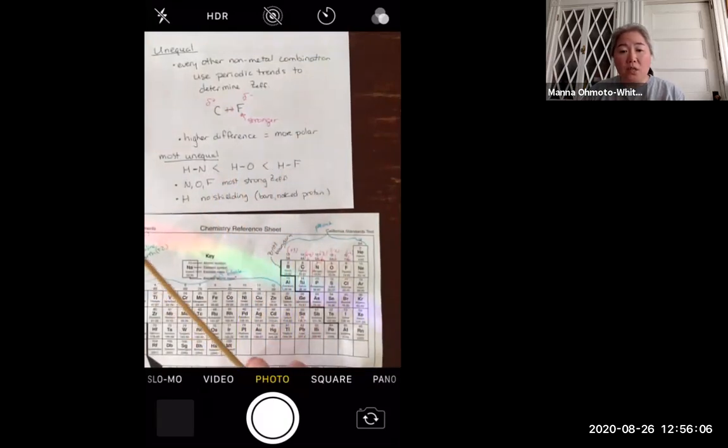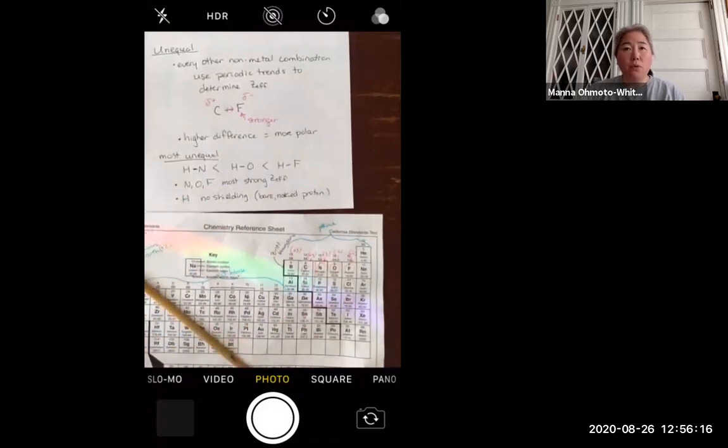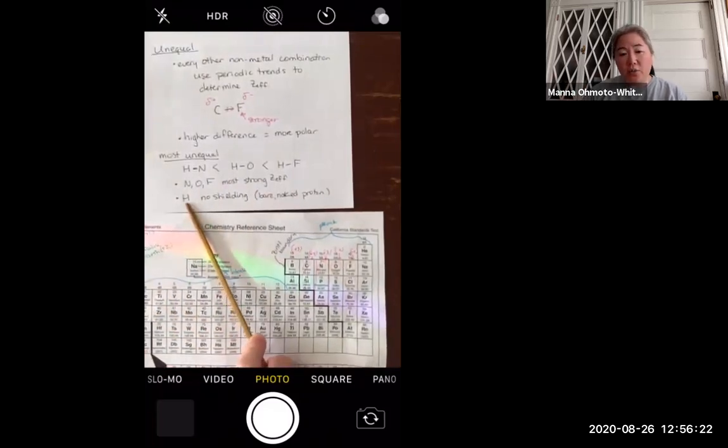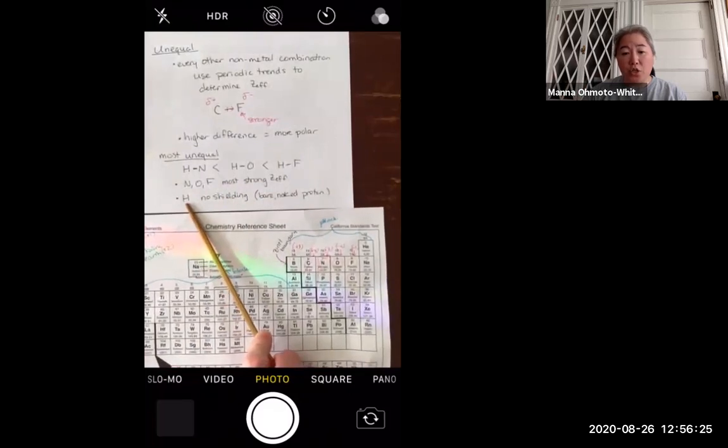And that's for two reasons. Remember that nitrogen, oxygen, and fluorine have the strongest Z effective of atoms that form bonds. So they are going to be pulling most strongly on any shared pair of electrons. And hydrogen is unique because hydrogen has no shielding.